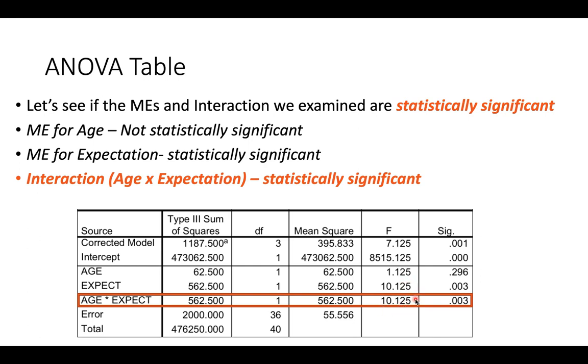That will not necessarily happen, or will rarely happen. We have a significance value of 0.003. It's also below our alpha threshold of 0.05. So just as we suspected from our means table, we have a significant age by expectation interaction, such that teacher expectations matter for 7-year-olds, but teacher expectations do not matter for 15-year-olds.